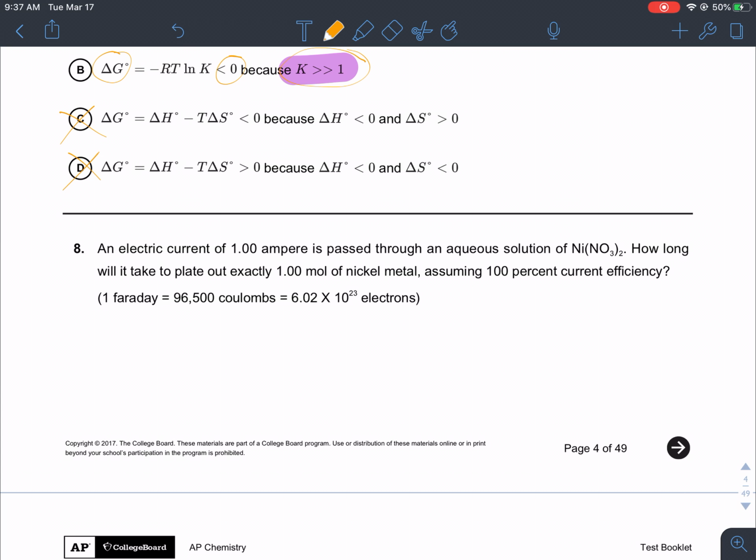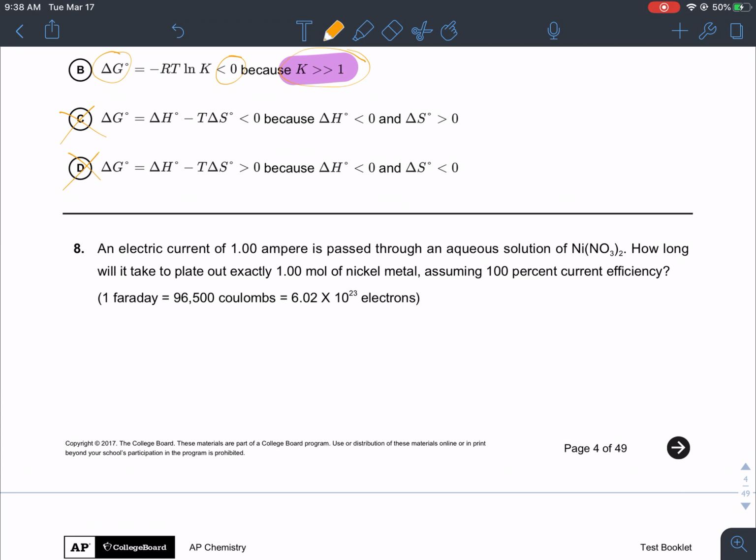Okay, number 8. An electric current of 1 ampere passes through an aqueous solution of nickel nitrate. How long will it take to plate out 1 mole of nickel metal, assuming 100% current efficiency? I don't like focusing on these types of questions. I'll do it for you guys, but it's not something that comes up a whole lot. I think I only do it like 2 times in this entire packet, maybe 3.